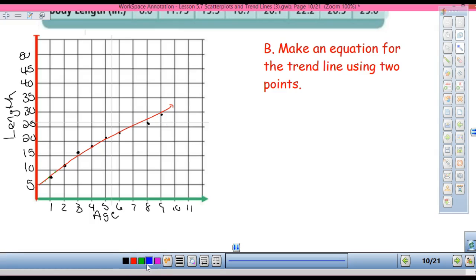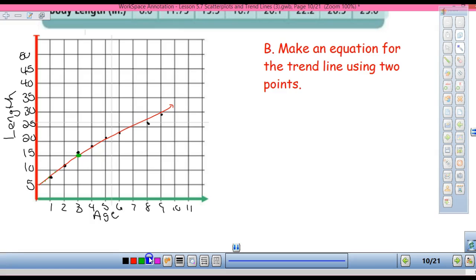All right, so let's choose 2 points that are on here. I'm going to go with this guy right here, because I like perfect numbers where I know they're the exact numbers. Right, that's what I said like 18 times.